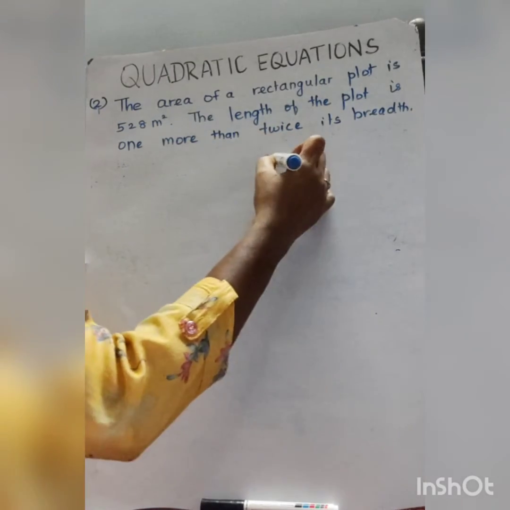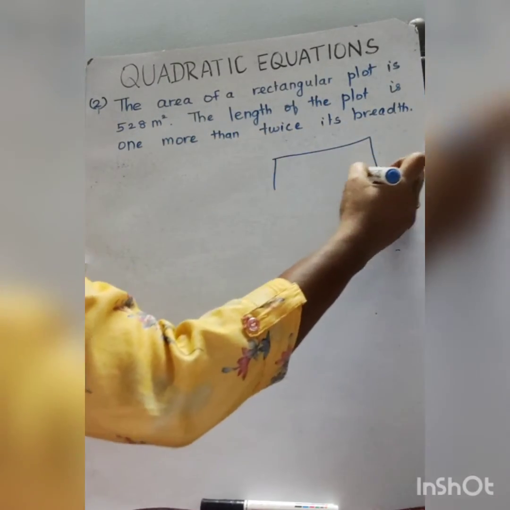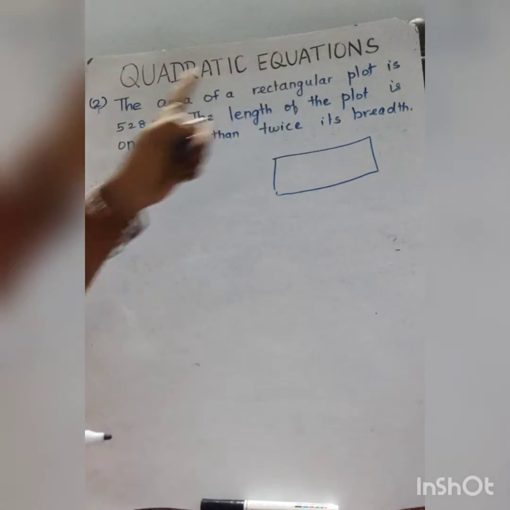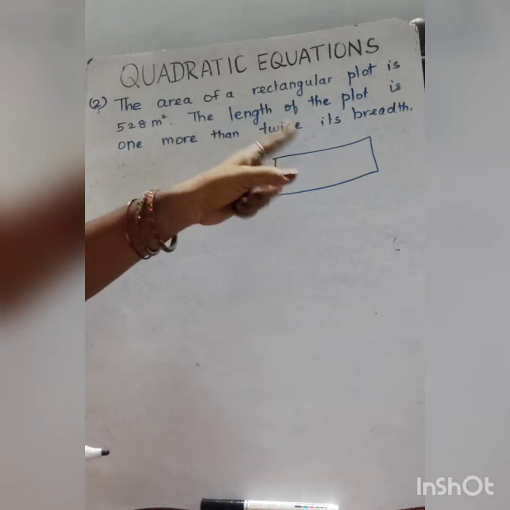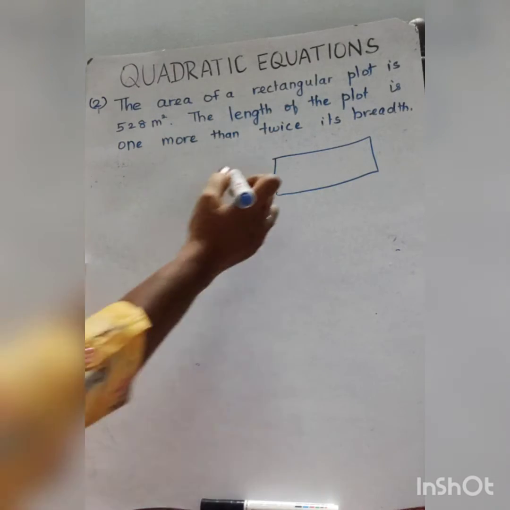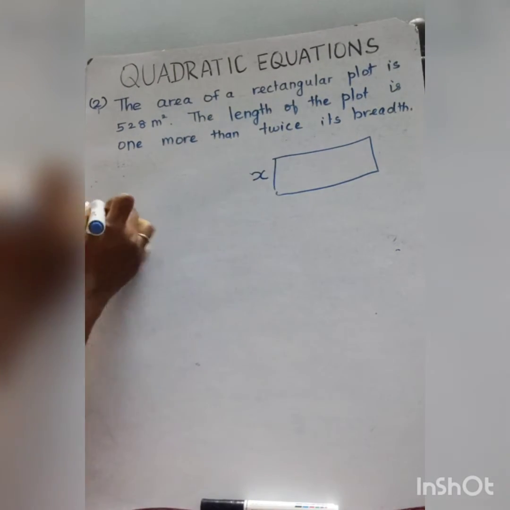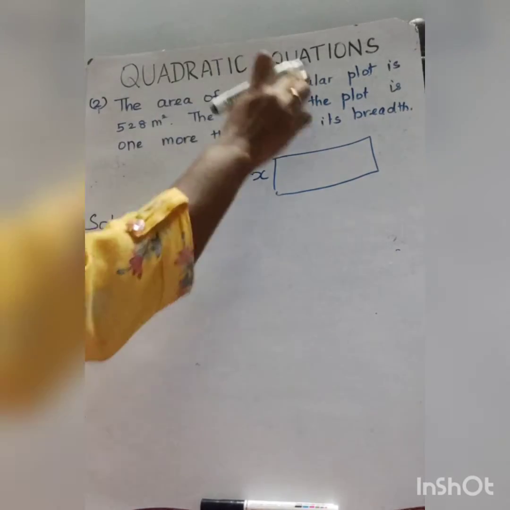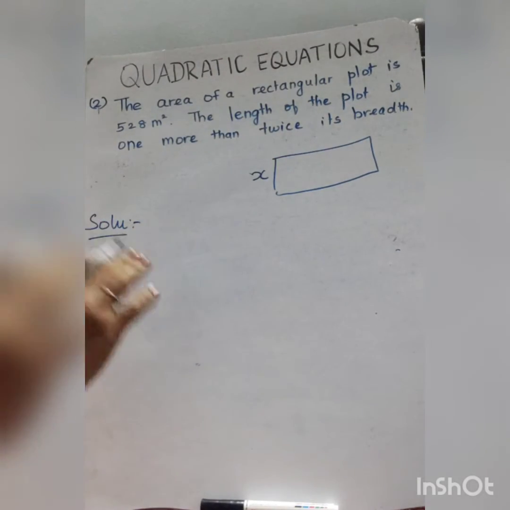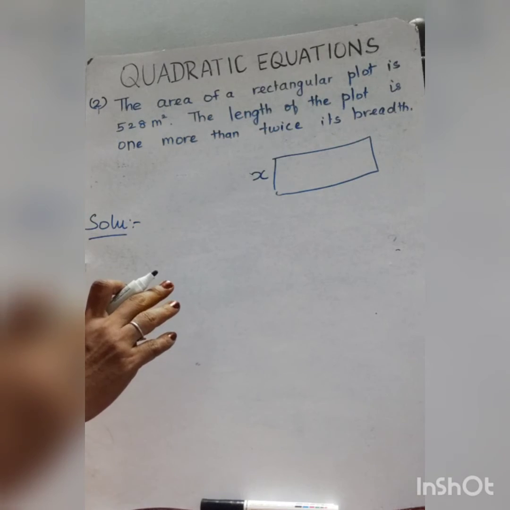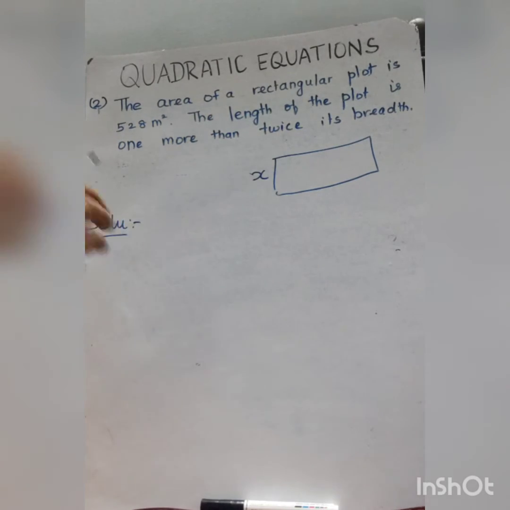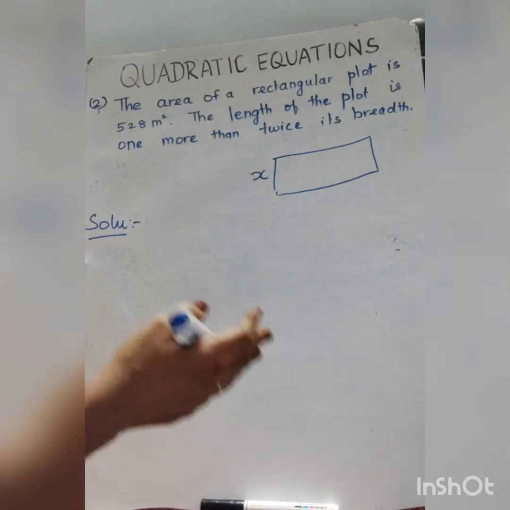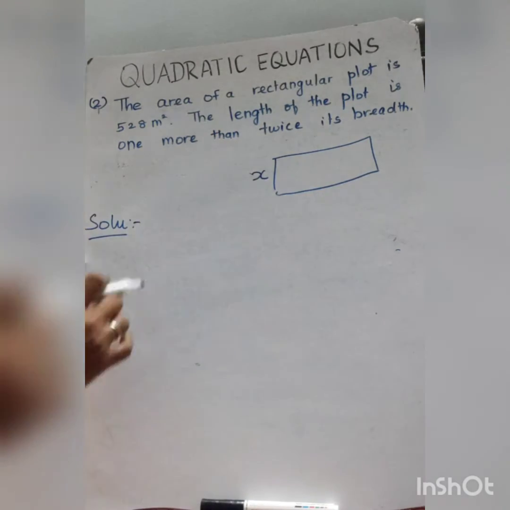So you just imagine a rectangular plot, and the length of the plot is 1 more than twice its breadth. Let me take the breadth as x. So now we are going to represent the situation in the form of quadratic equation. See, mathematically every situation can be represented in the form of equation and it can be solved.